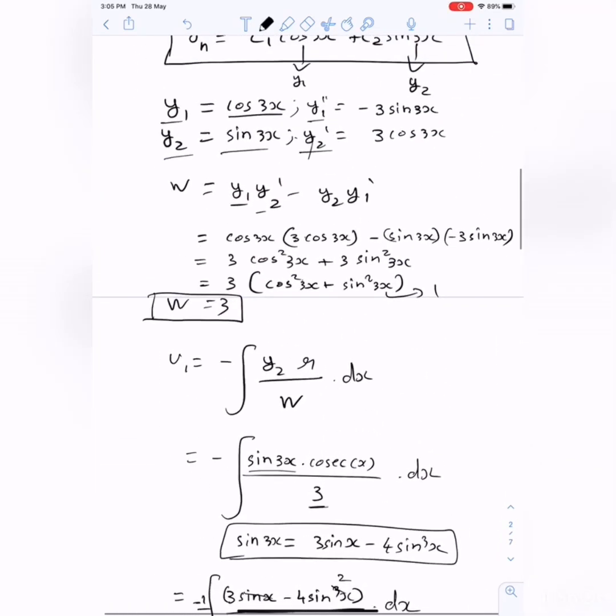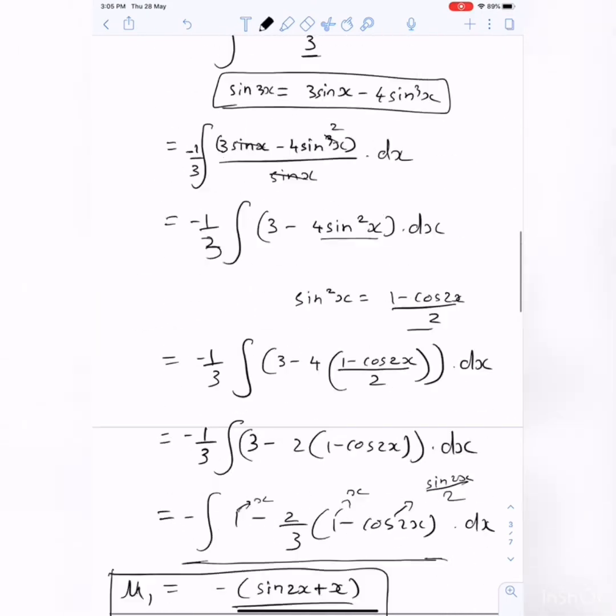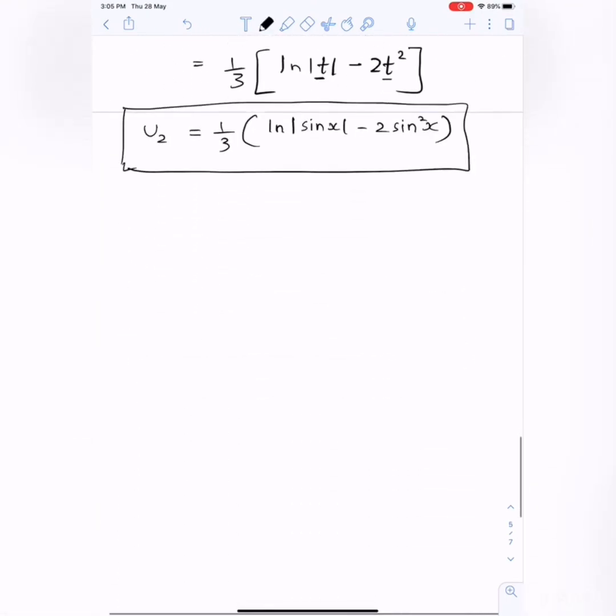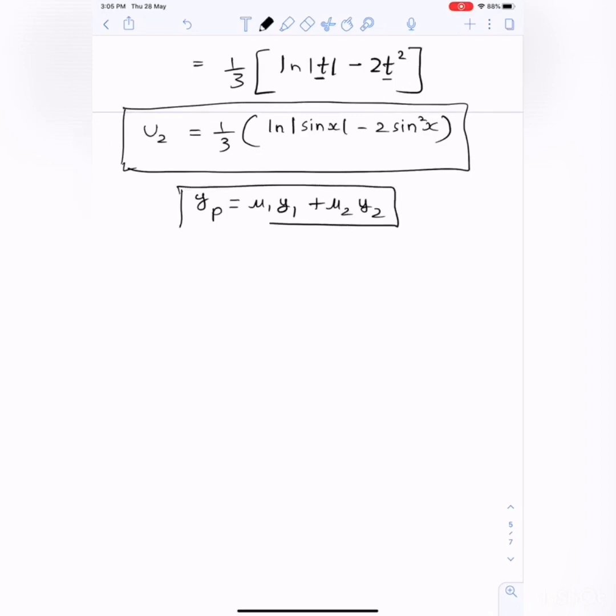So our y particular would be, I haven't mentioned it earlier, so let me mention it now. yp would be u1 y1 plus u2 y2. We found out u1 and u2 right now, and we already found these two fundamental solutions, because we used y1 and y2 to find u1 and u2.